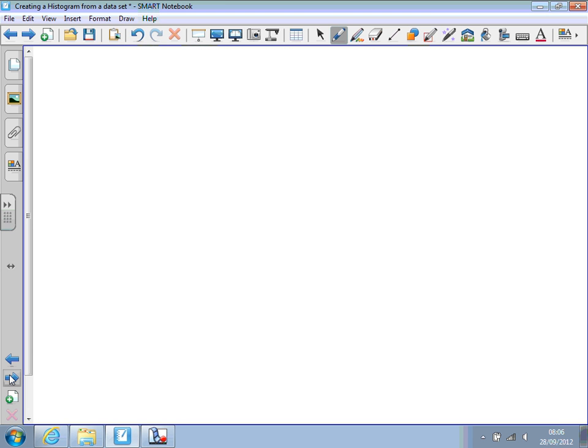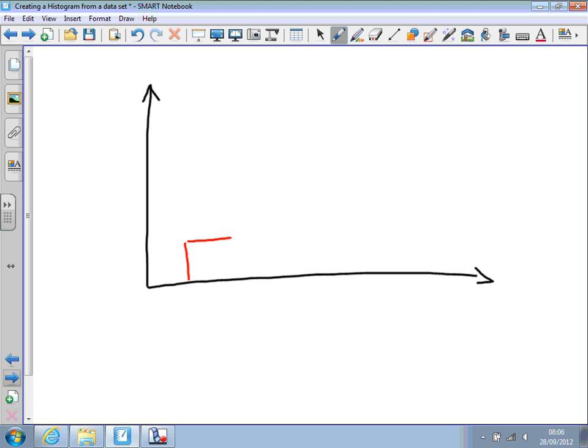So if we're going to plot a histogram, it looks very like a bar chart. So I have my x and y axes, and then you will see on the histogram bars that may not be of equal size.